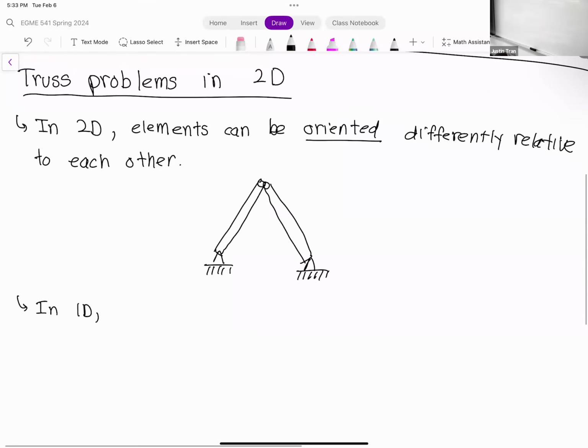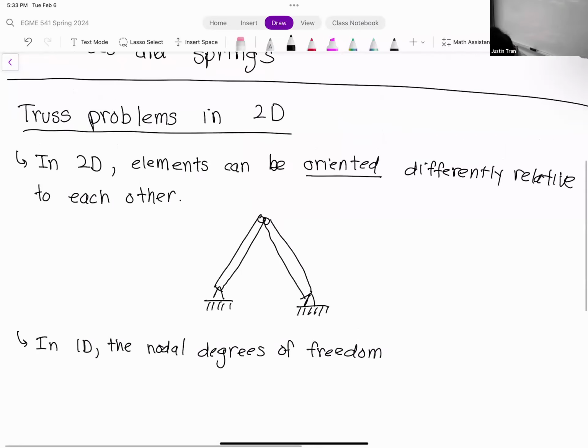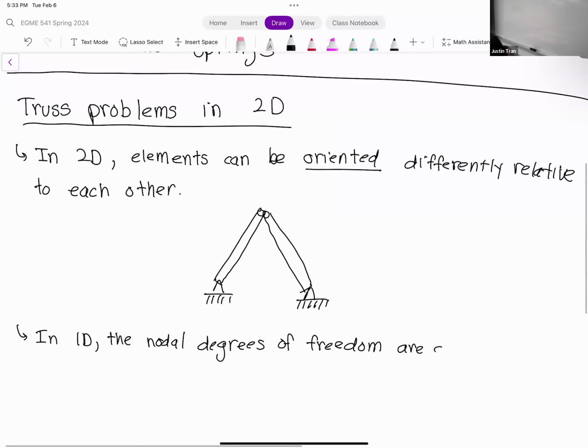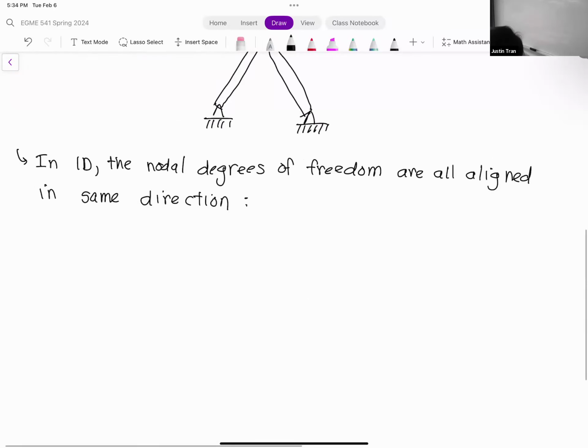So in 1D, one way that we can describe that is that the nodal degrees of freedom are all aligned in the same direction. Let's illustrate what that means. If we have an element that looks like this in 1 dimension, it will be connected to another element like that.